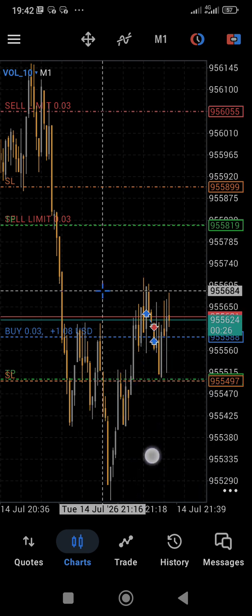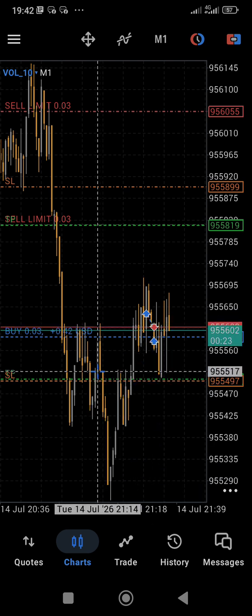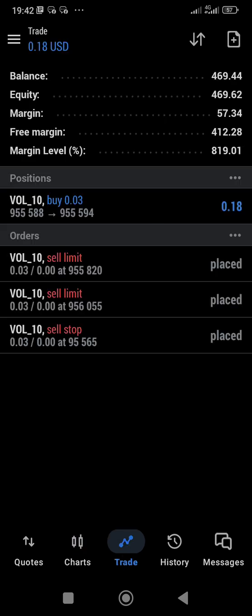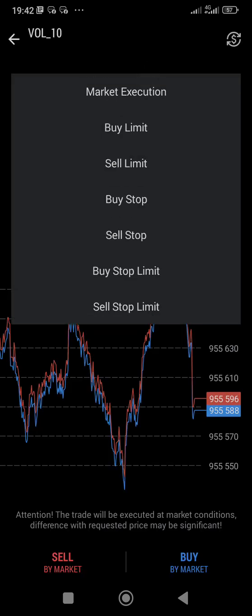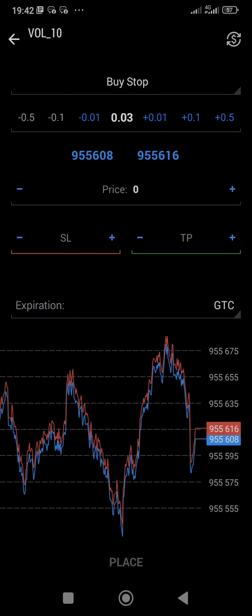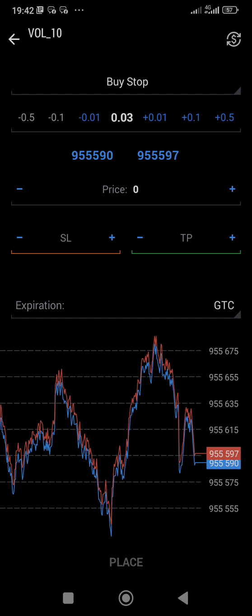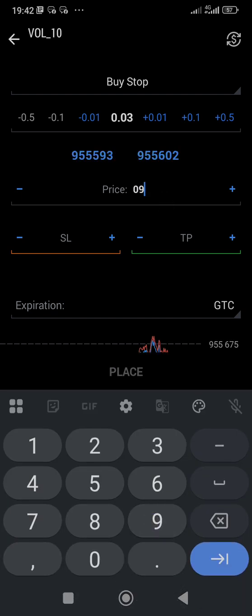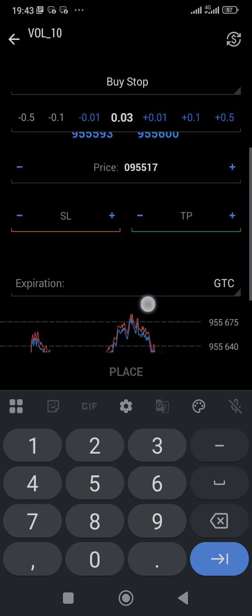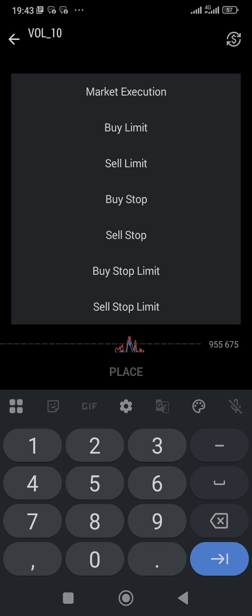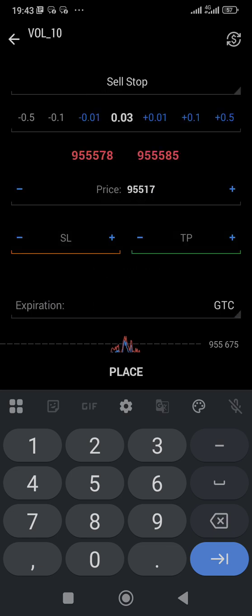How about we do this thing like this? 95517. It did not pop up. So let us look for sell stop. Okay, it popped up. It was a mistake.